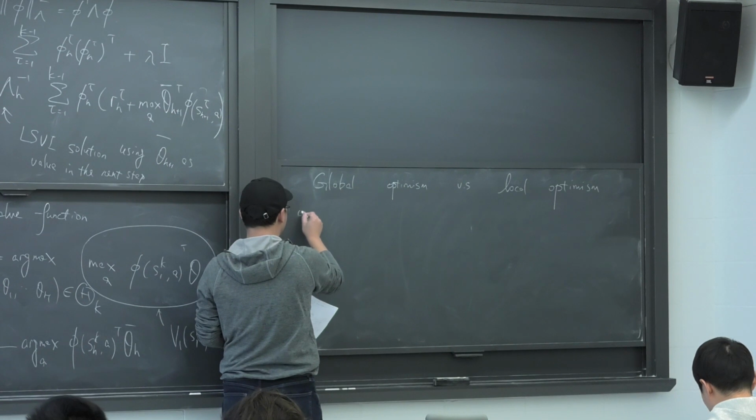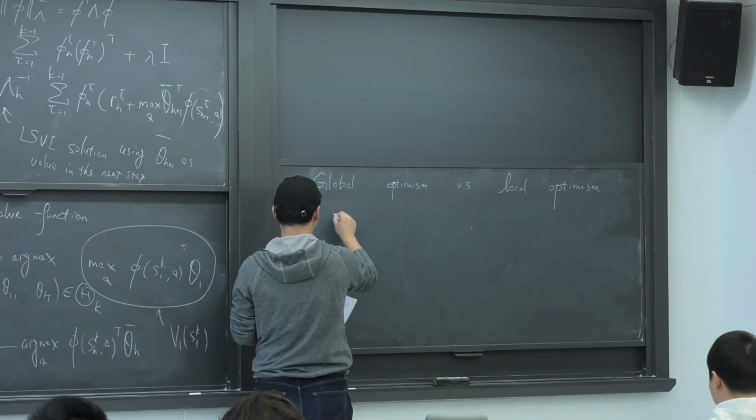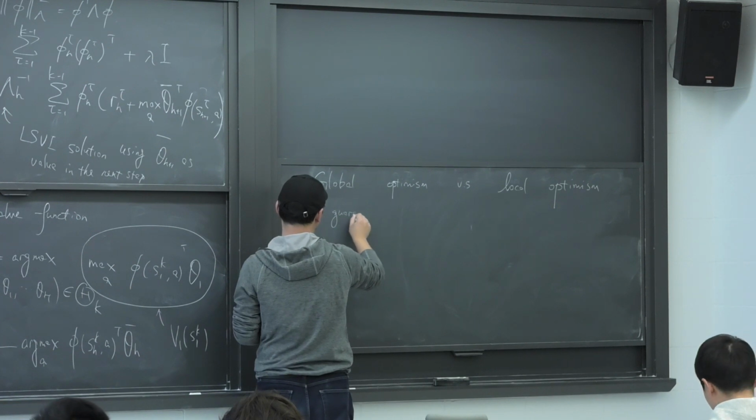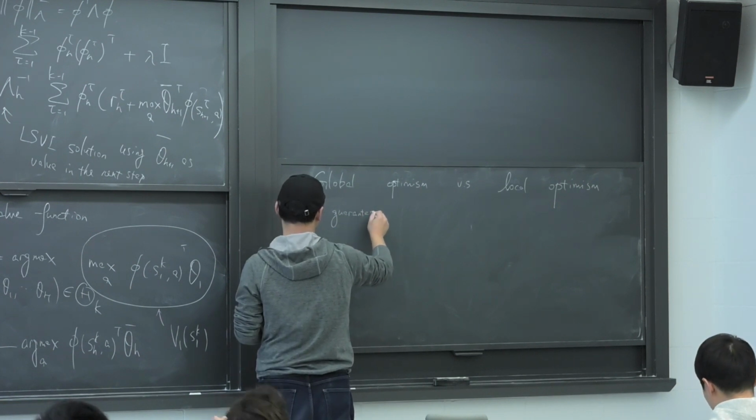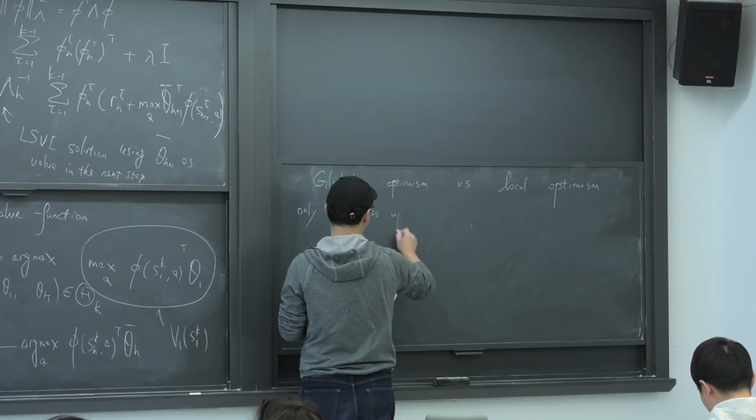So in the global optimism, the most important thing is we only guarantee an upper bound in total reward.